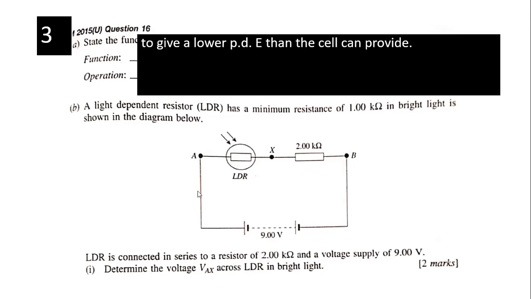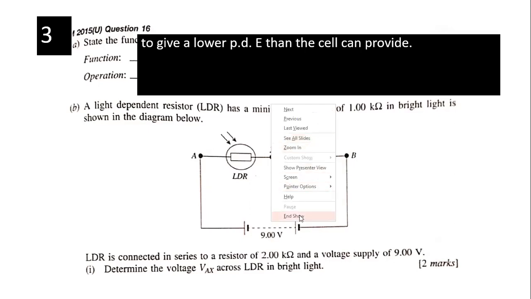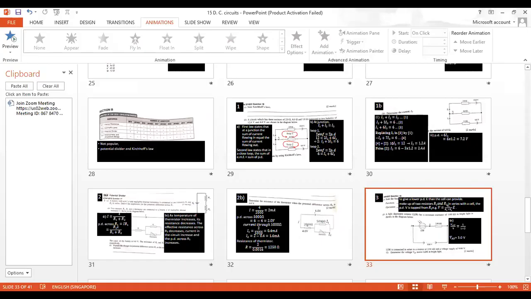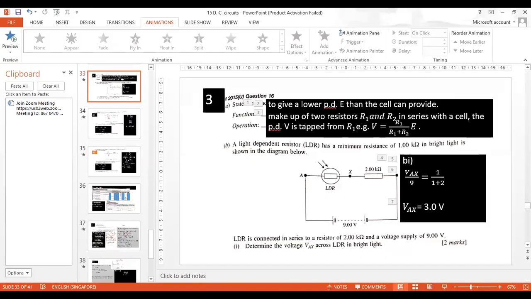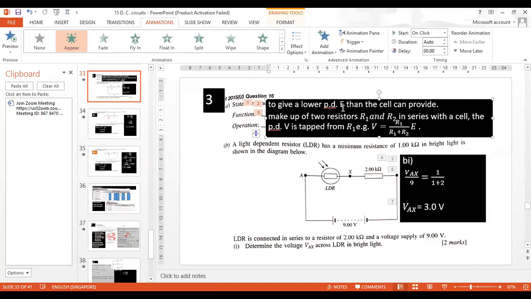Sorry, just let me rewrite. To give a lower PD, then EMF E of the cell.